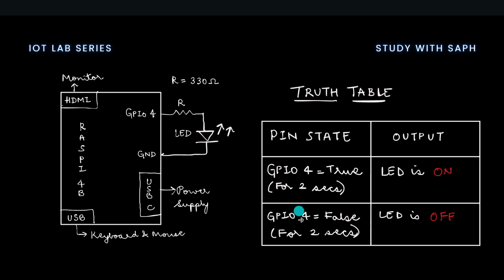Since we've given this under the forever loop, it keeps continuing unless any keyboard interrupt such as Ctrl+C or Ctrl+Z is given. That was the end of the first experiment. The purpose was to blink an LED using Raspberry Pi.